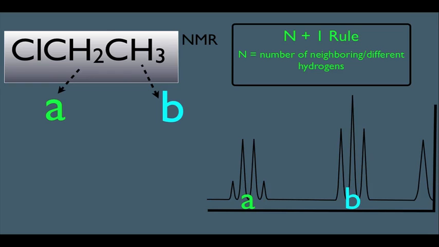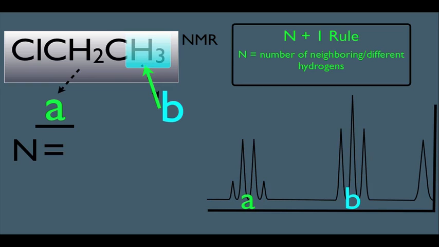Let's start with the A-type hydrogen. What we want to do is first calculate his N value. And here's how we do it. Notice right here are the A hydrogens. They are directly connected to this carbon right here, which means this carbon over here would be what we can call the neighboring carbon. And that would mean these hydrogens right here are A's neighboring hydrogens.